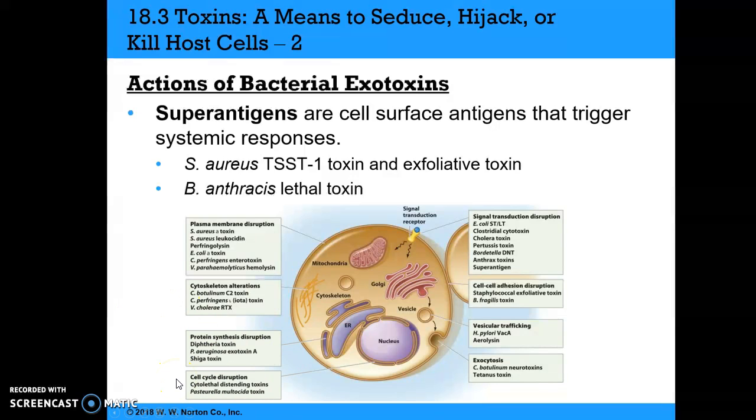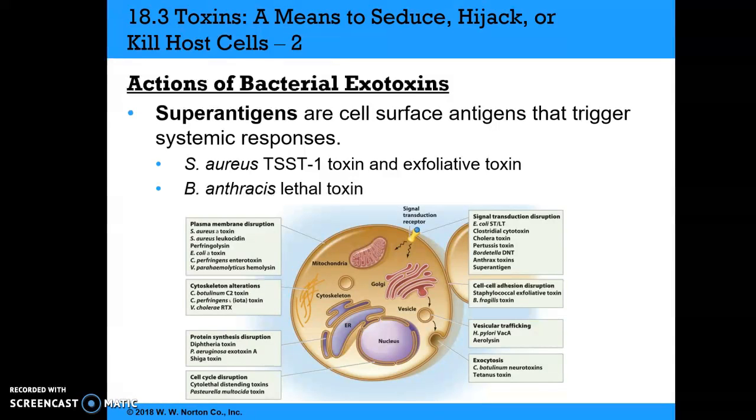Another target, cell cycle disruption: the cytolethal distending toxins as well as the Pasteurella multocida toxin. Another target, signal transduction disruption: E. coli ST and LT, Clostridial cytotoxin, the cholera toxin, pertussis toxin, Bordetella DNT, anthrax toxin, and superantigen.